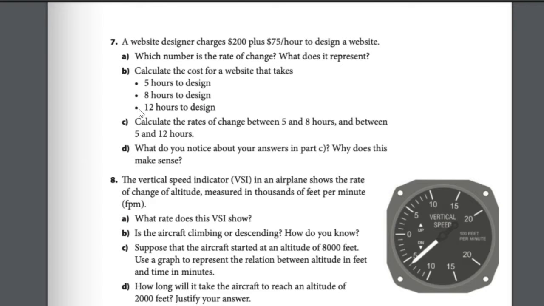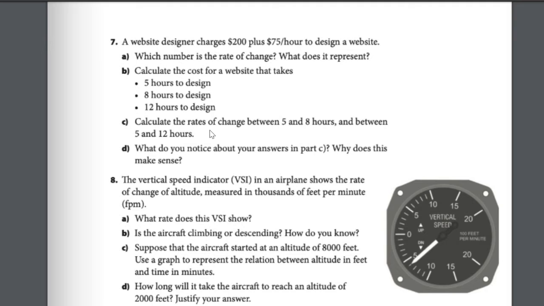The next part says calculate the rate of change between 5 and 8 hours and between 5 and 12 hours. But really, they've already given us the rate of change. That's the change per hour, 75.